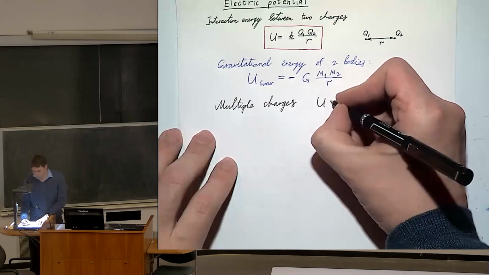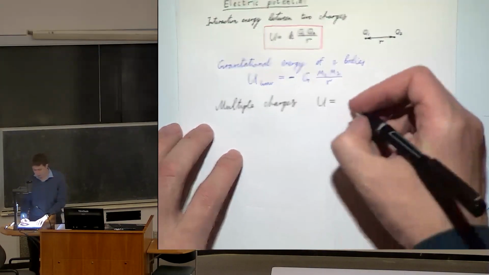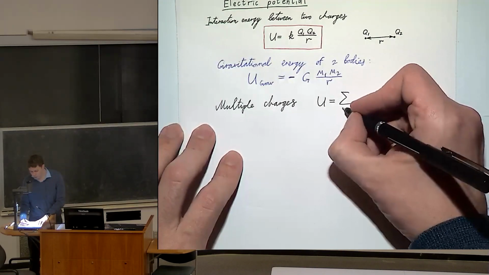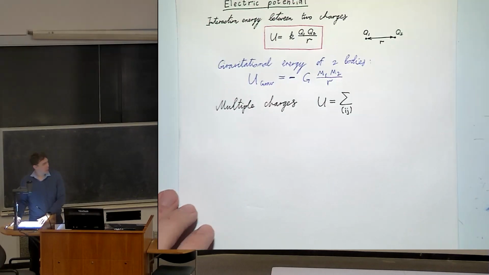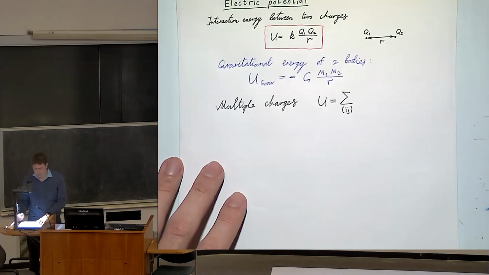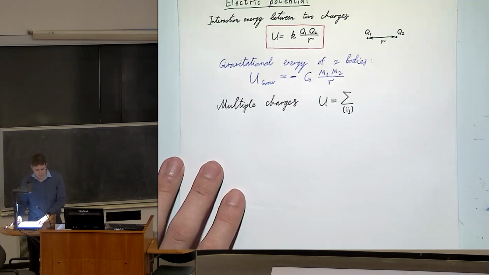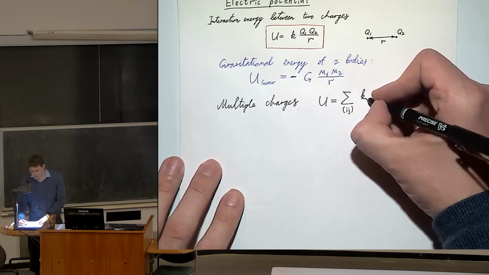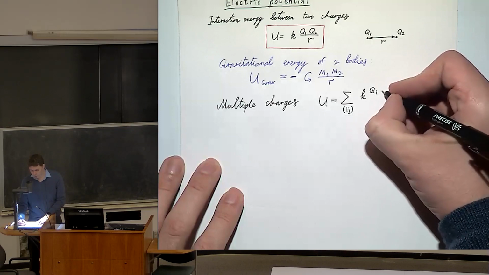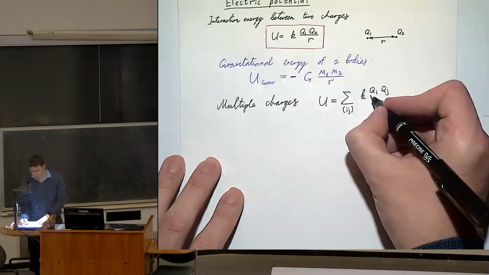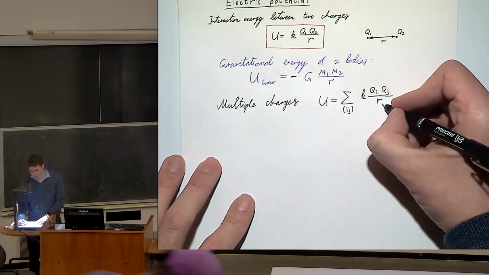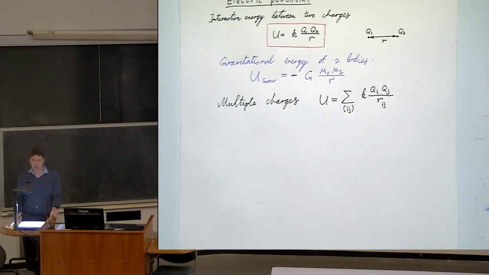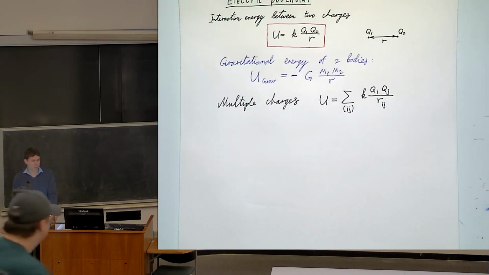To find the energy of multiple charges, we have to sum up all pairwise contributions. So let's say our charges are labeled by indices i and j, and the interaction energy between two charges qi and qj will be k qi qj divided by the distance between them, rij, and the summation is carried out over all pairs of charges.